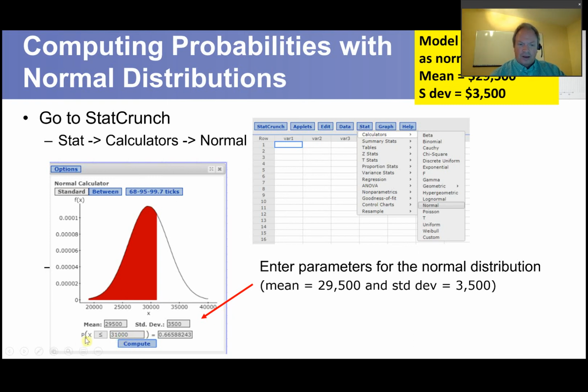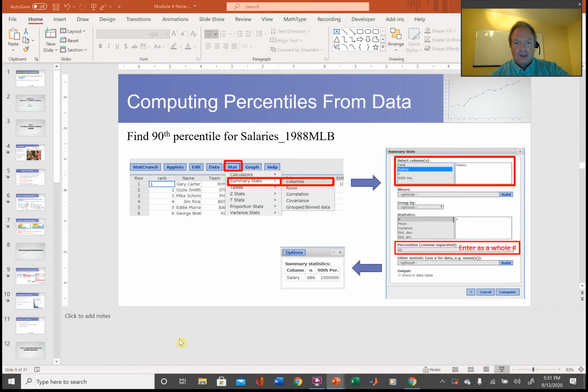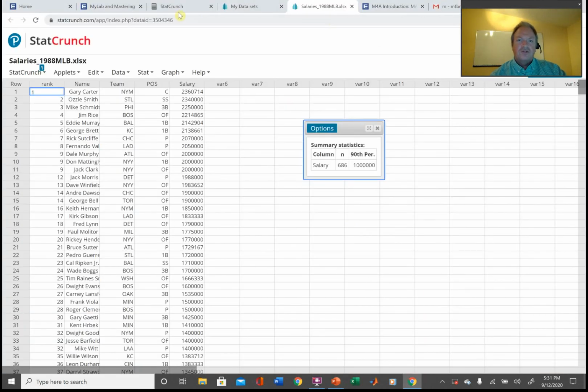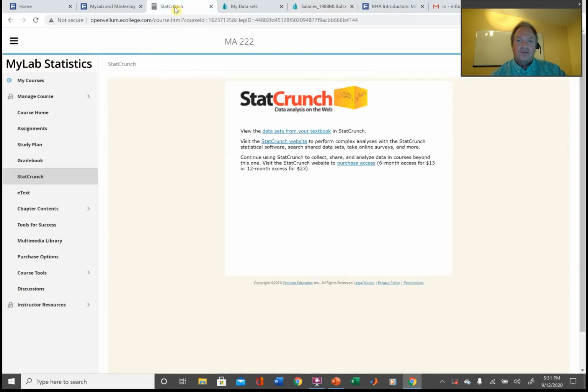I want to know what is the probability of a randomly chosen value of my variable being less than 31,000. And let's see what we get. We should get roughly 66%. So let me step through this with you in StatCrunch. So this is the SOB data here.